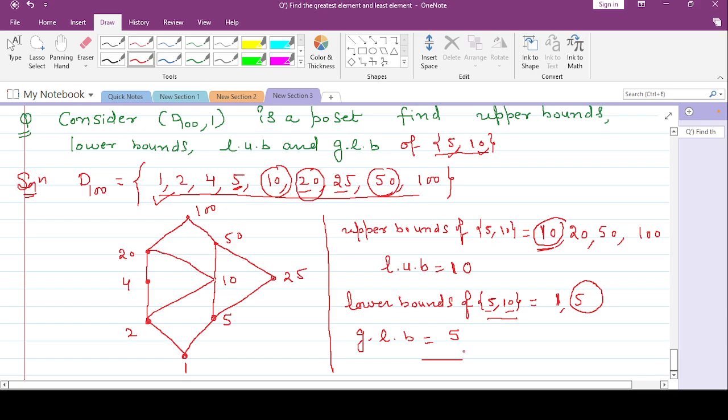Now next we want to talk about lattice. What is a lattice?